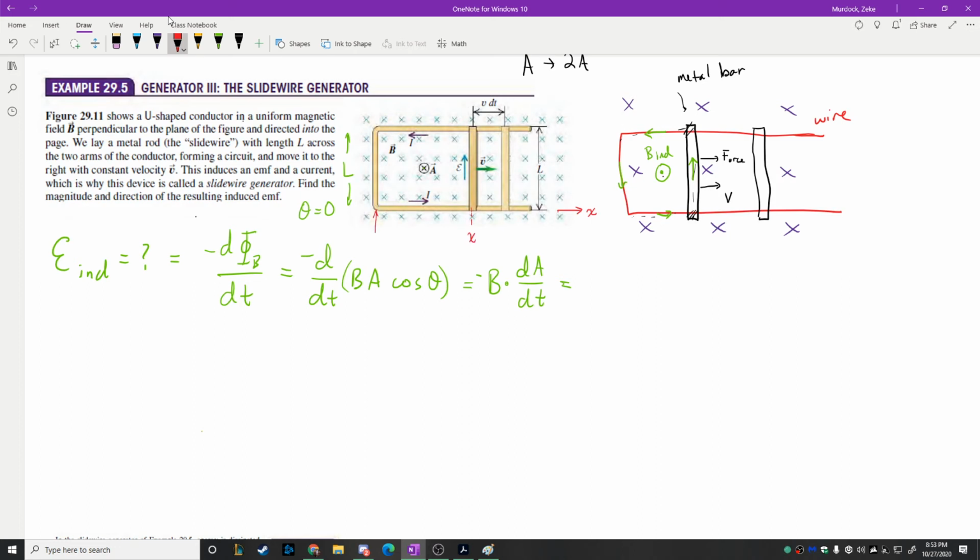I'm going to call this x equal to 0. So I would say that in general, the size of our loop right here is going to be given as L times the x coordinate, okay?